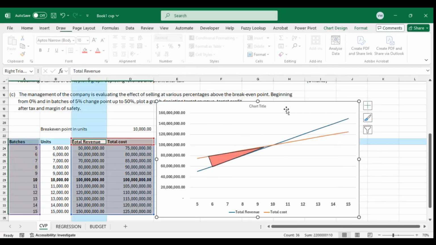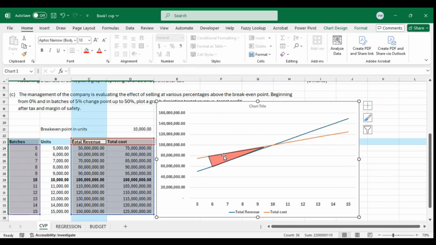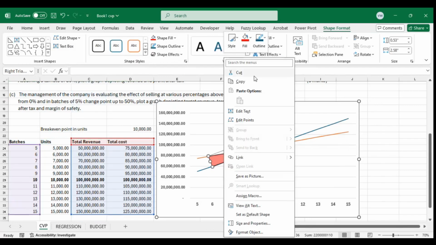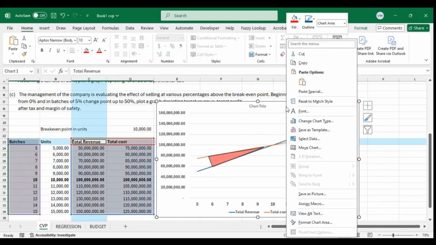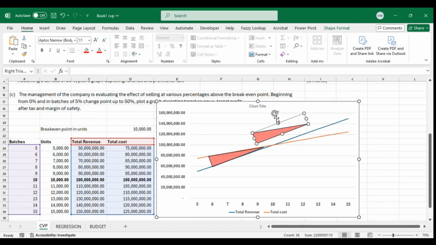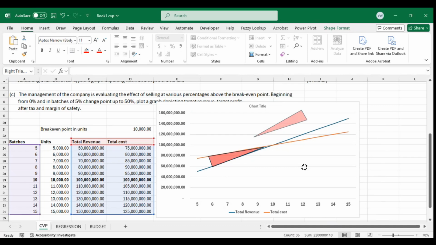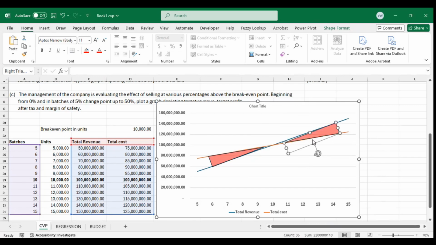So once we've made that our loss region, we can use this same shape. Let me copy it so that I go and adjust it the other side. And let's use this to show the region of profitability.